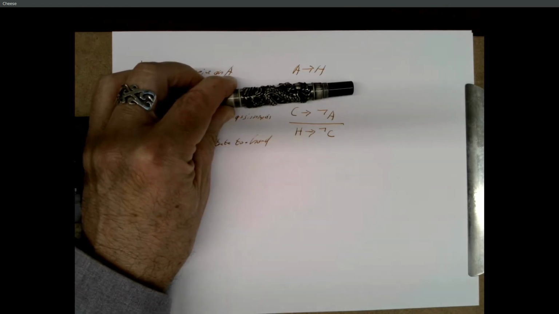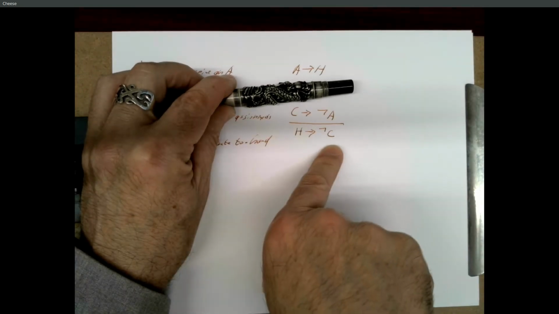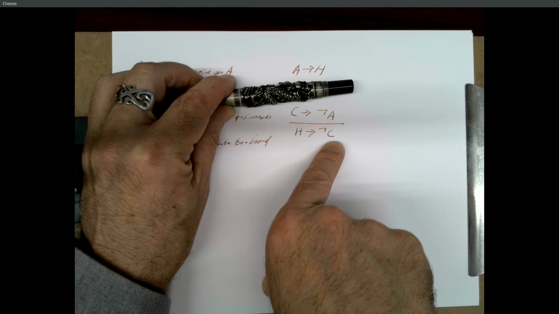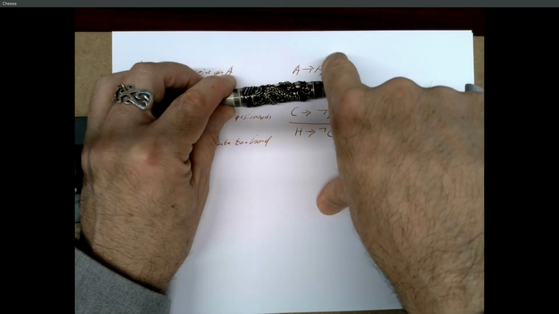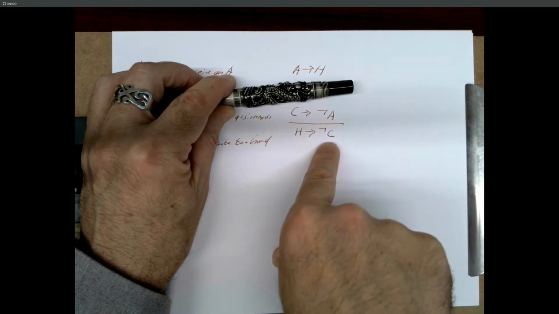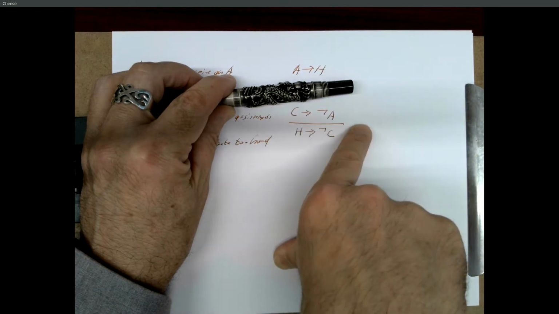And now I've got a pretty simple set of propositions. A implies H, C implies not A, H implies not C. Well, if H is true, C is false. That doesn't really get us anywhere. If A is true, H is true, and if H is true, C is false. And that doesn't do us any harm.